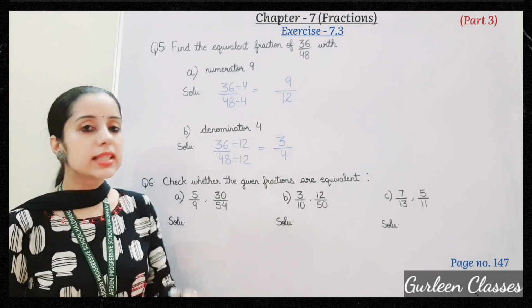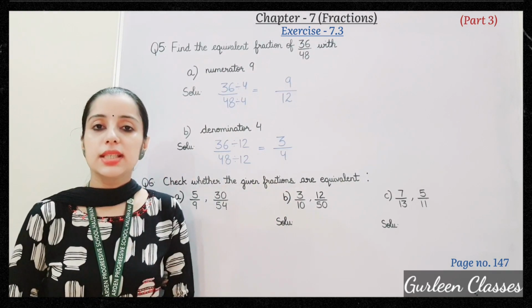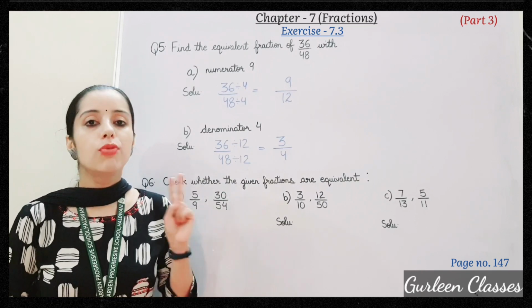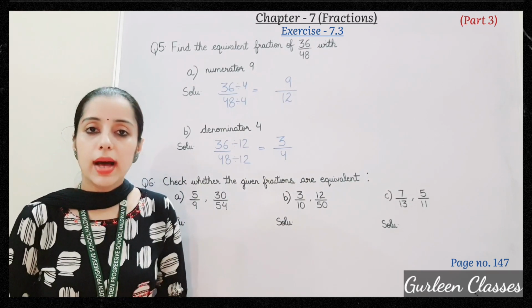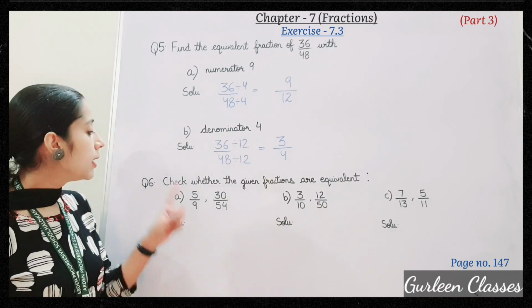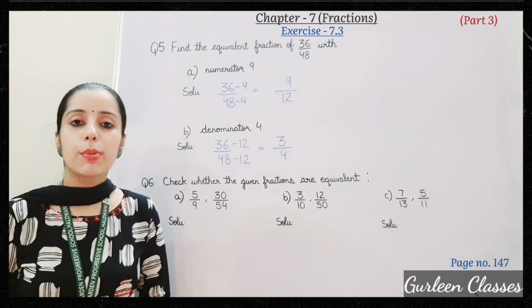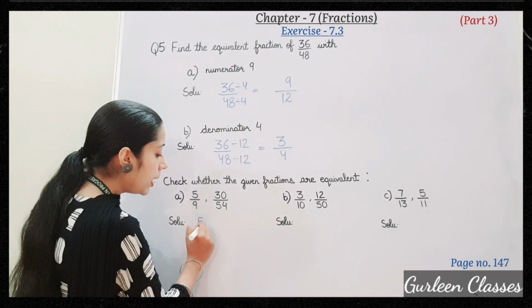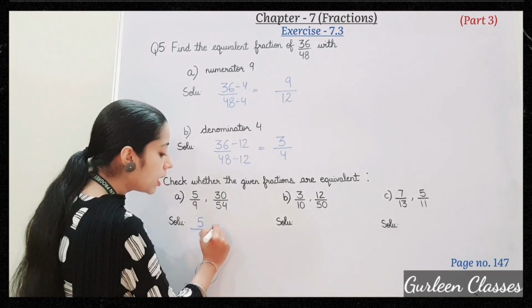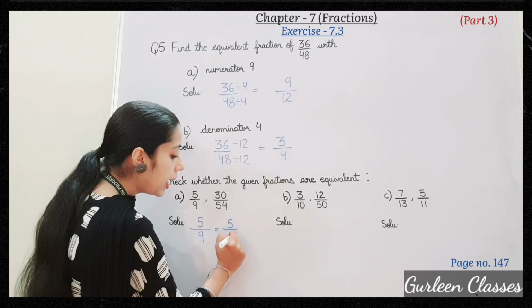Question number 6. Check whether the given fractions are equivalent. So here two fractions are given. We have to tell whether these fractions are equivalent or not. A: 5 upon 9, 30 upon 54. The first fraction is 5 upon 9. It is already reduced to lowest terms.